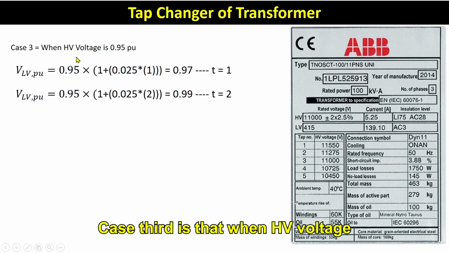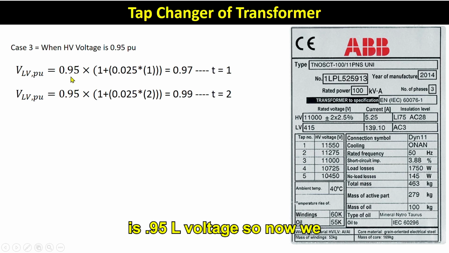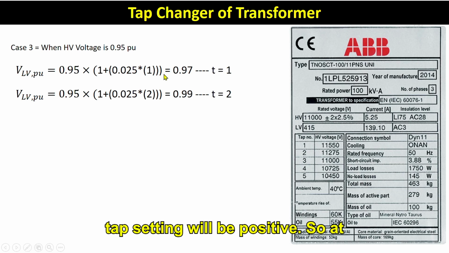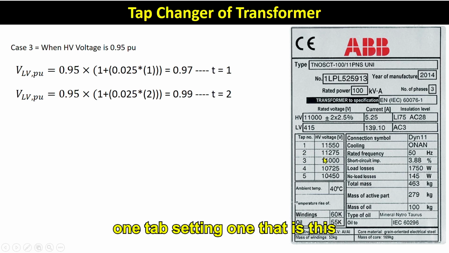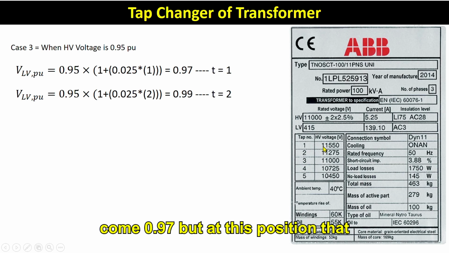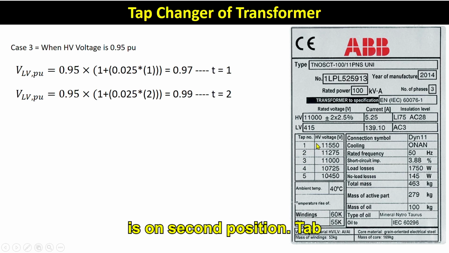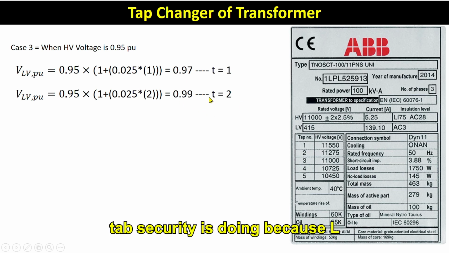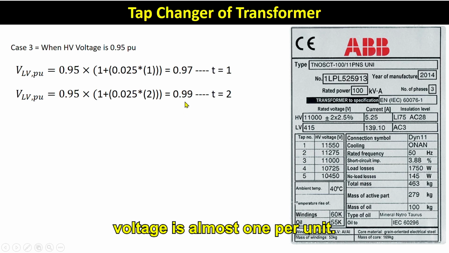The third case is when the HV voltage is 0.95 per unit, so we have to increase the LV voltage. That means the tap setting will be positive. At tap setting 1, our voltage on the LV side becomes 0.97, but at the second position of tap setting it becomes 0.99. So our tap setting is 2, because the LV voltage is almost 1 per unit.